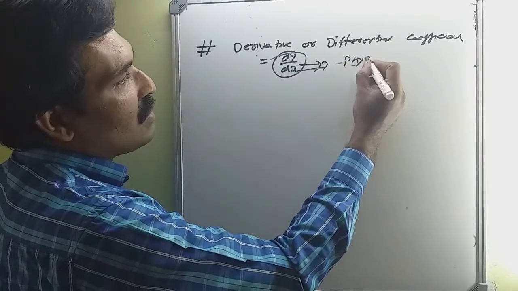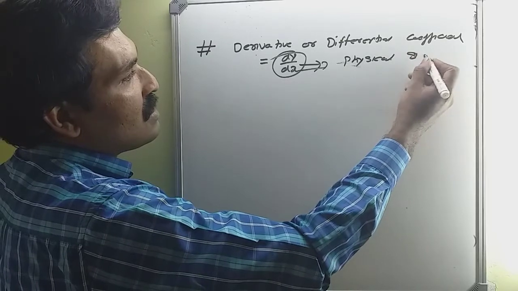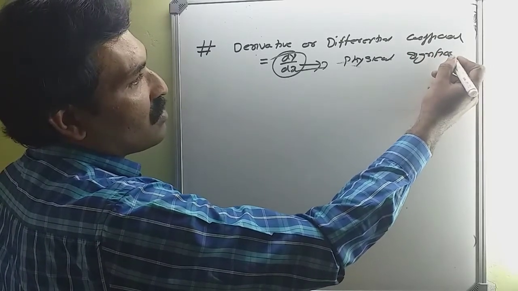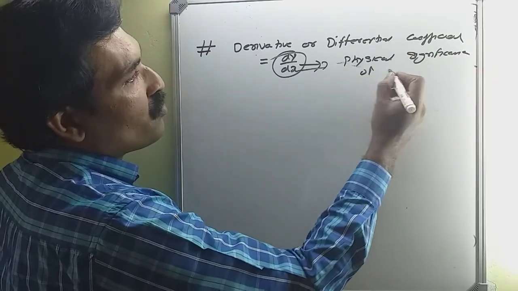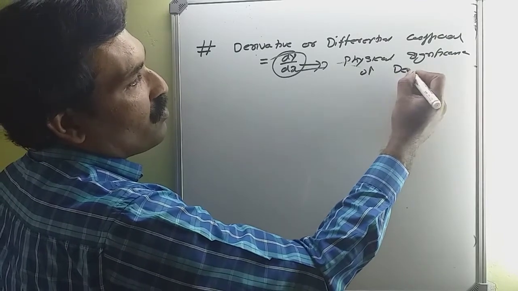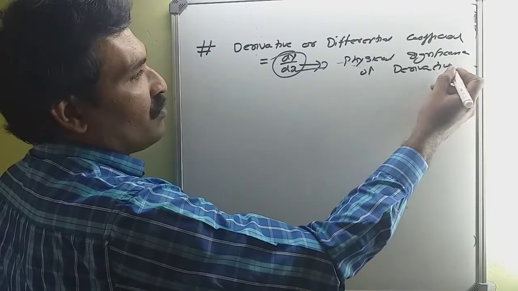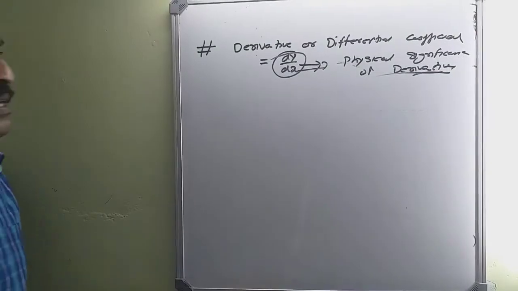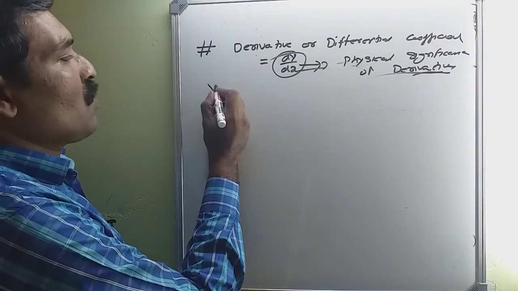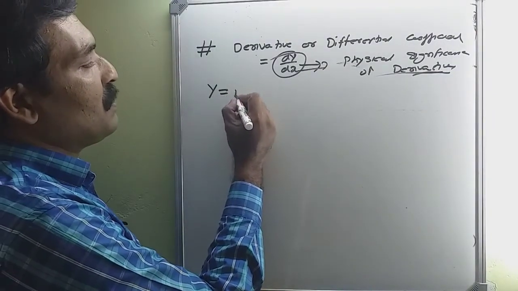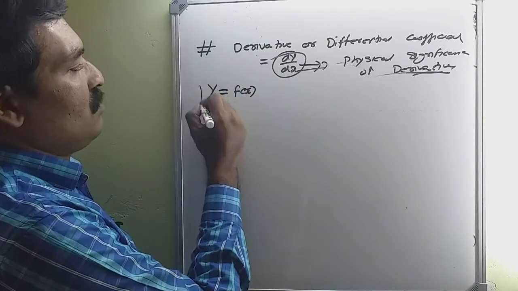Physical significance of derivative or differential coefficient. Consider a function y is equal to f of x.